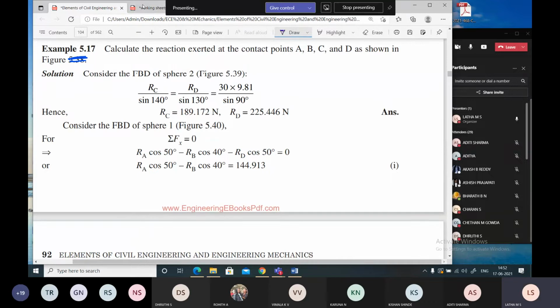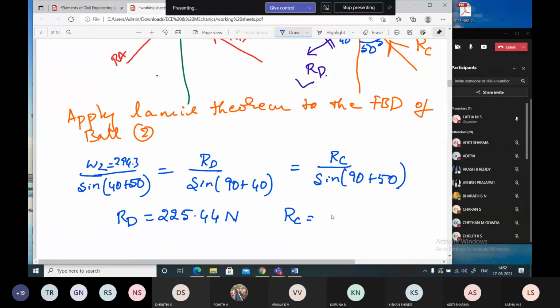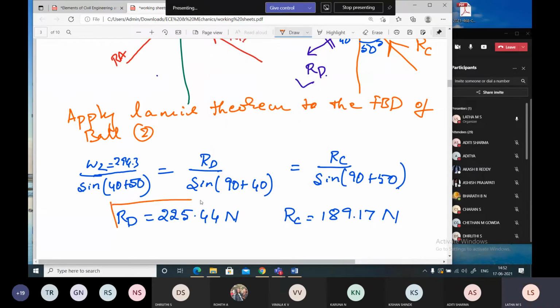RC is 189.17 Newton. Please block the answers.